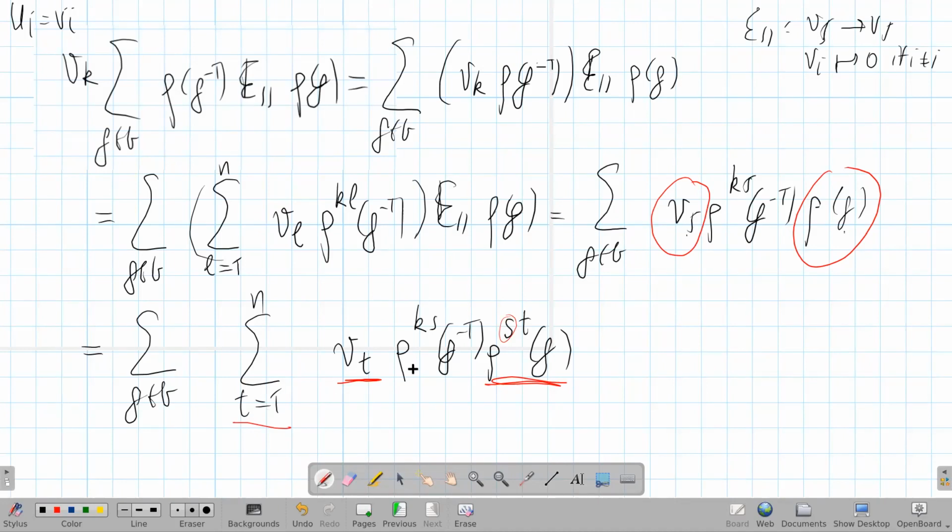Exchanging the summation, we get this Vt with these coefficients.